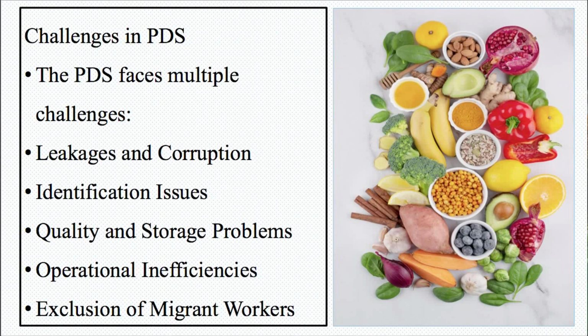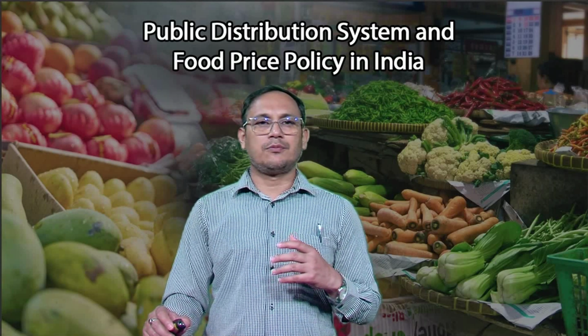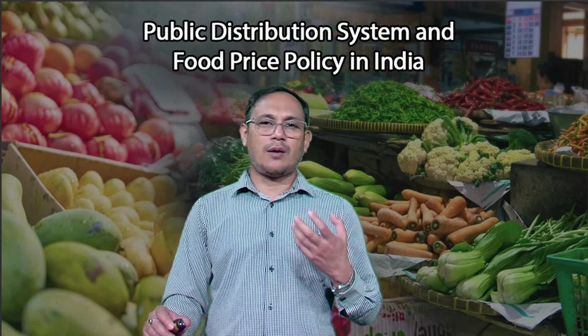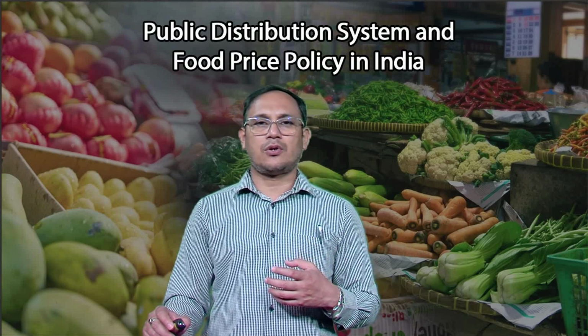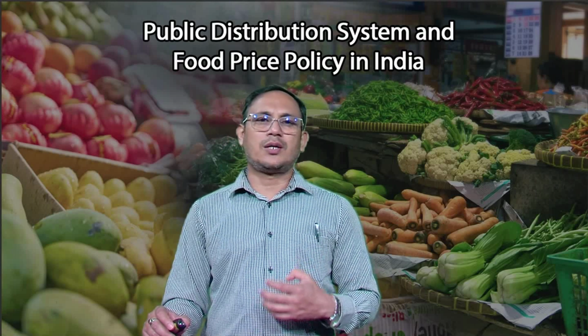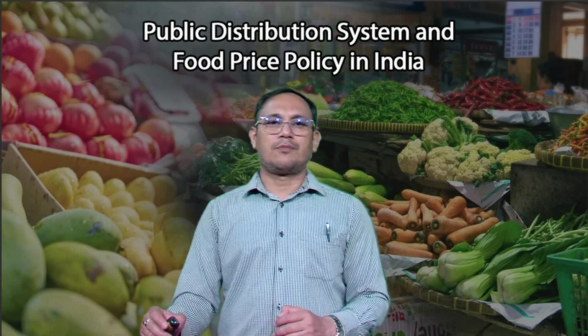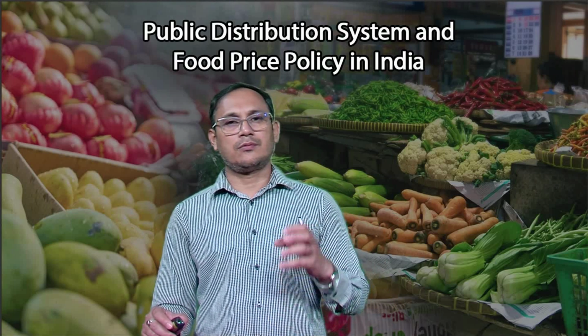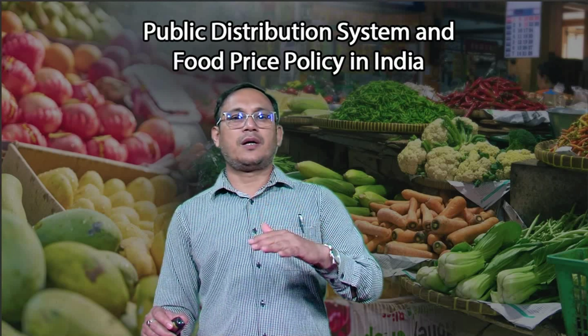Leakages and corruption are considered one of the important challenges, because they lead to diversion of food grains to the open market and ultimately reduce the effectiveness of the system. This is due to corruption on the part of the owners of the fair price shops or the administration. What generally happens is that food is not provided to the needy people, or not provided as per their entitlement.